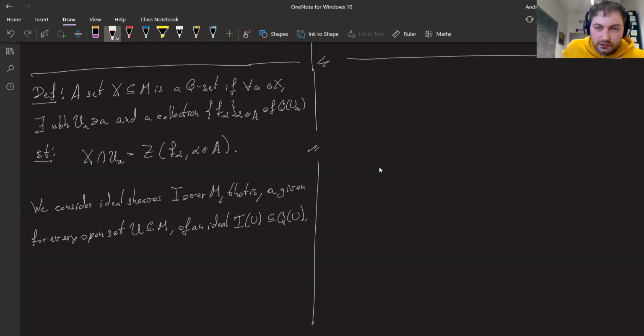We specify all the sheaf conditions, so gluing, restriction, etc. And we're going to denote the germs of I at A.